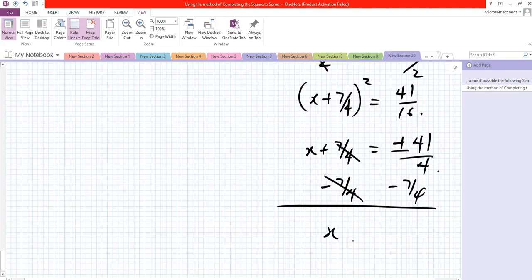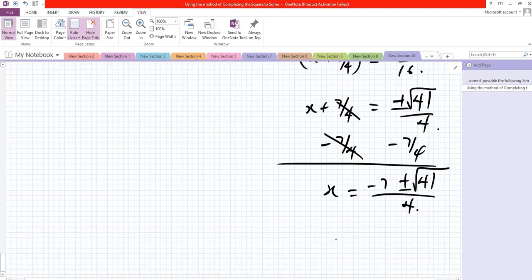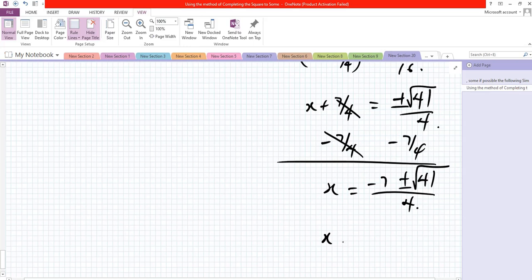You are left with x equal to minus 7 plus or minus square root of 41 over 4. So the answer should be x is equal to minus 7 plus square root of 41 over 4.